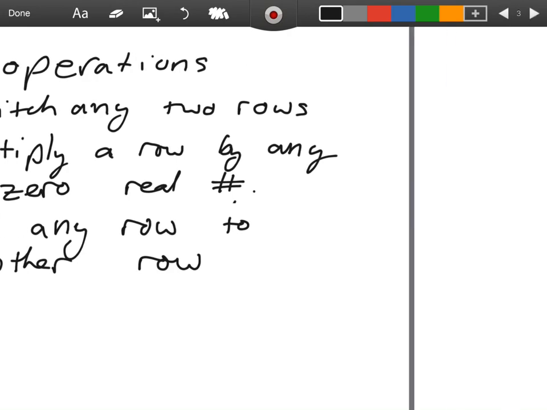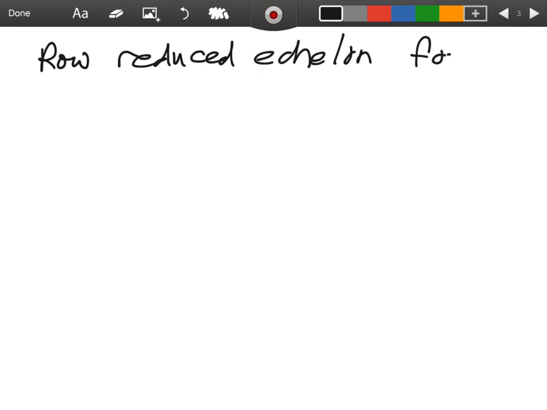So if we use those three row operations, we want to take the system and put it in something called row reduced echelon form. Row reduced echelon form for a matrix that has two rows and three columns looks like this.